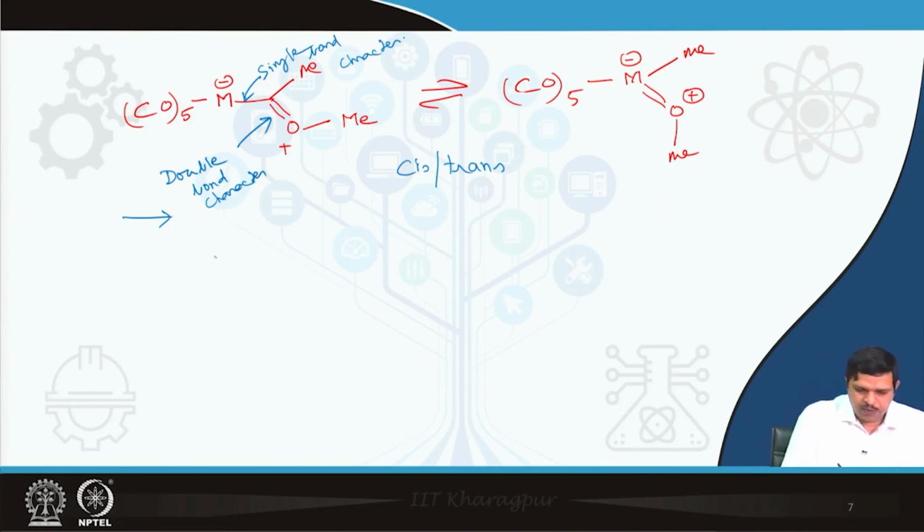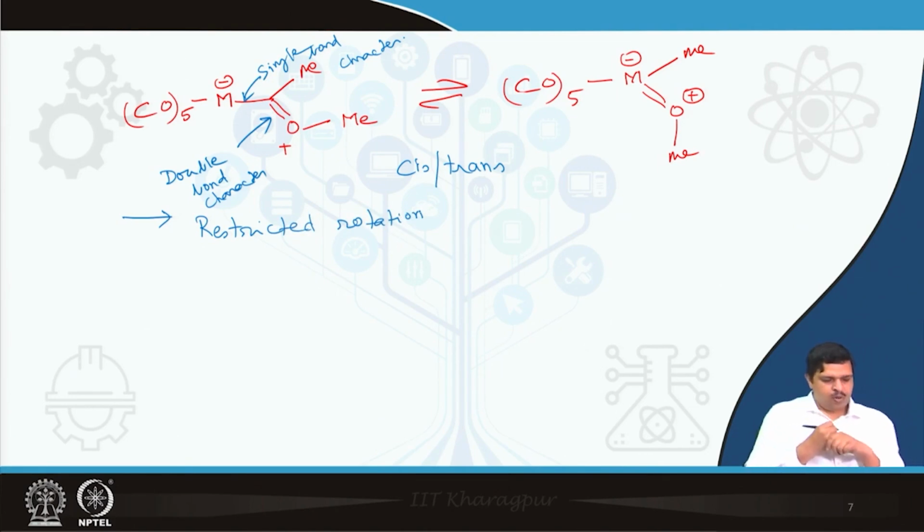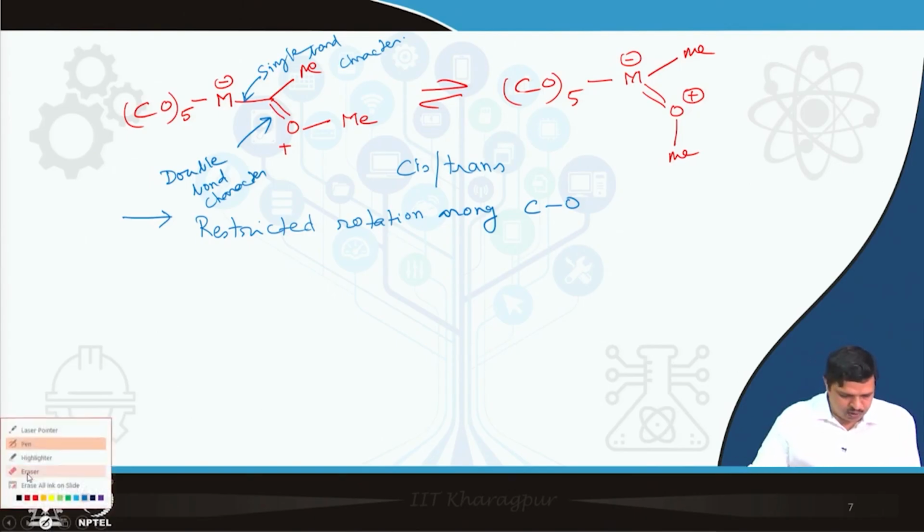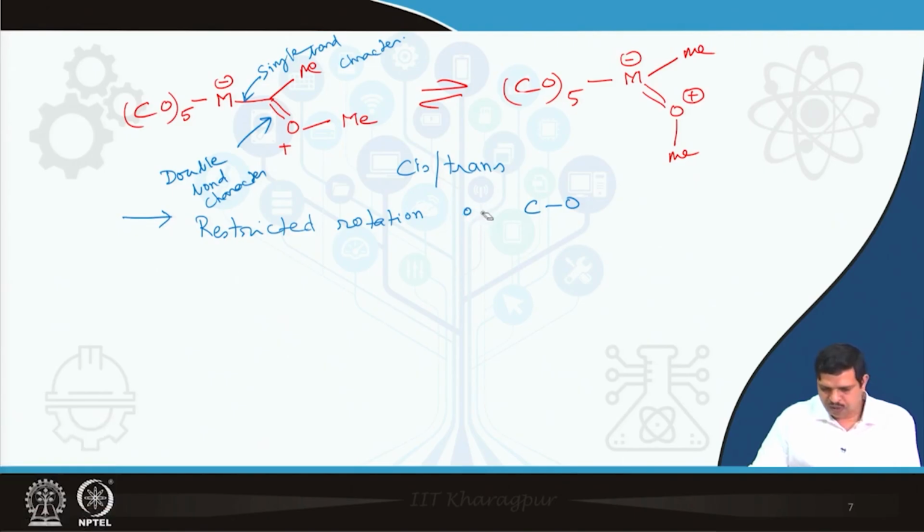That's why you will see restricted rotation around CO, because as it has double bond character, it cannot rotate freely.